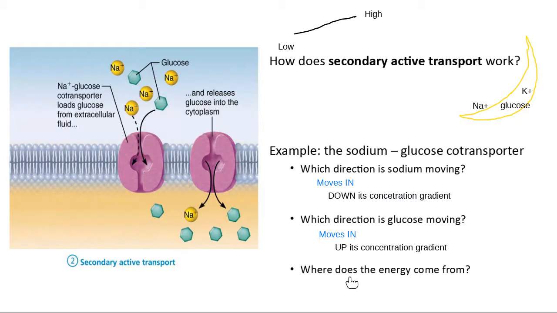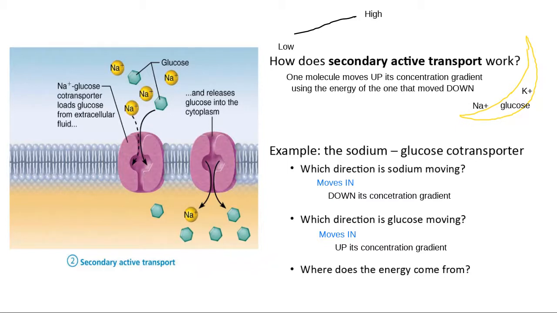So the energy in secondary active transport in this example is coming from the movement of sodium. In secondary active transport, so to our top question, how does it work? One molecule moves up its concentration gradient using the energy of the one that moved down.